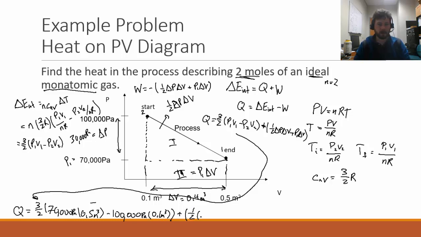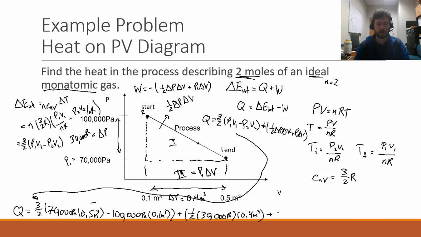That's 1/2 times the change in pressure, which as we noted was 30,000 pascals, times the change in volume, which was 0.4 cubic meters.